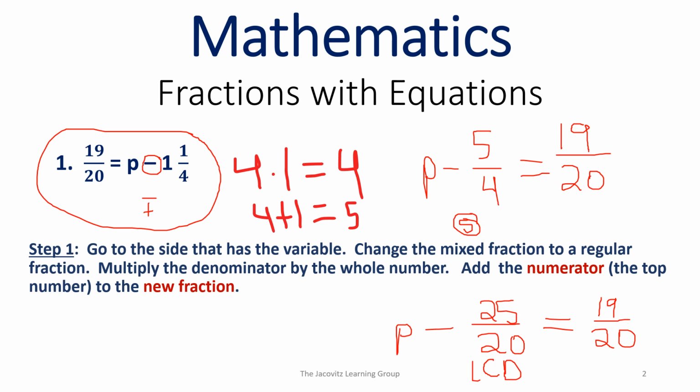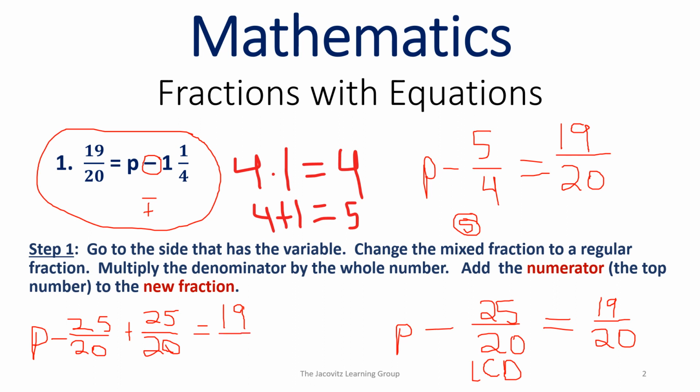Now we have to get rid of this. So what we'll do is we'll go p minus 25 over 20 plus 25 over 20, so that they cancel out, equals 19 over 20.